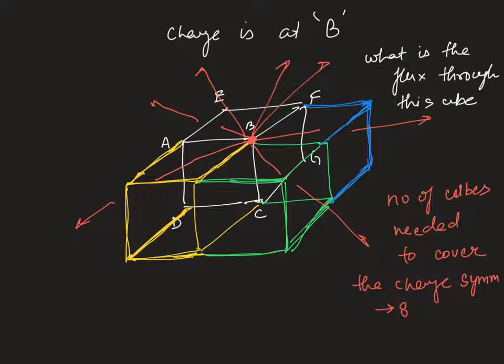4 below and 4 above. I have drawn only 4, the below ones, I haven't drawn the 4 above ones. The diagram is going to be very complicated, but you will understand that there is a boundary, there is a surface here. Let me mark the surface.